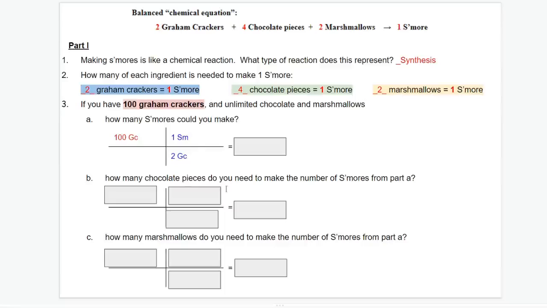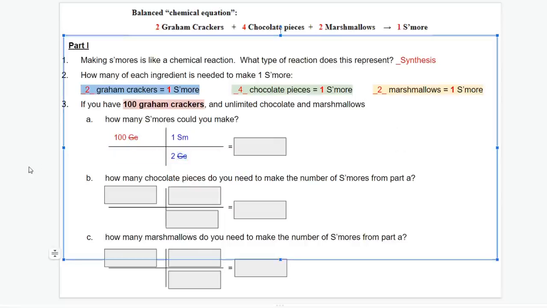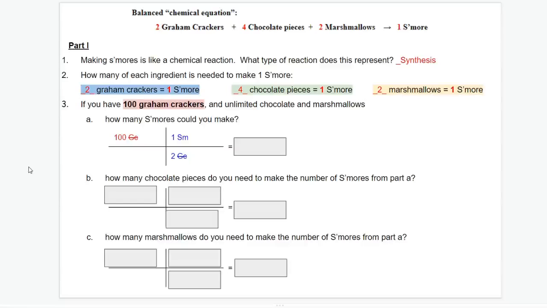Then I'm going to divide that by 2 graham crackers. So graham cracker is canceled out by graham cracker, and I'm left with 100 s'mores divided by 2. So my final answer is 50 s'mores.